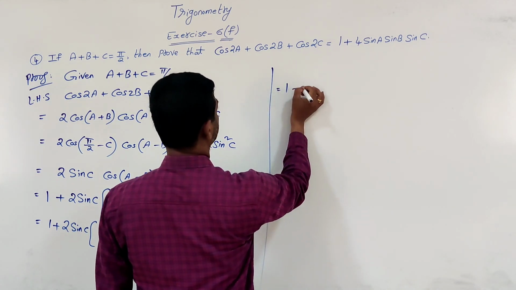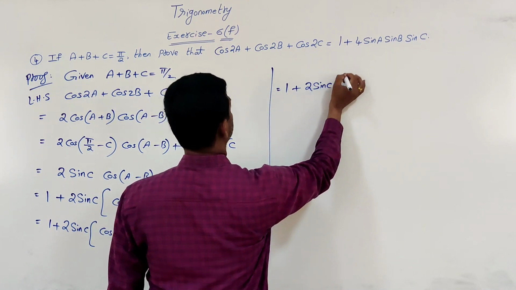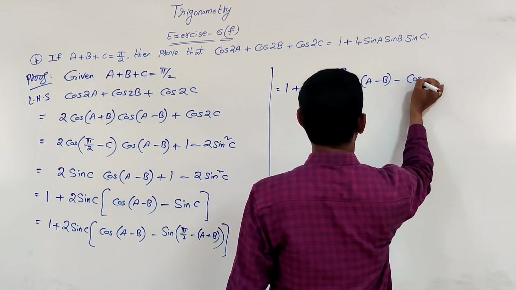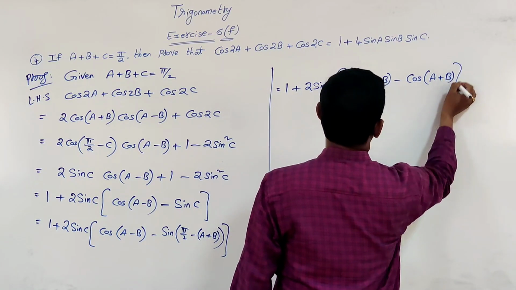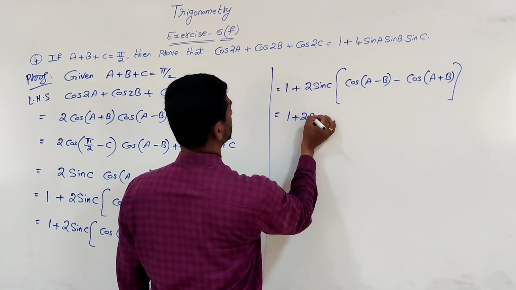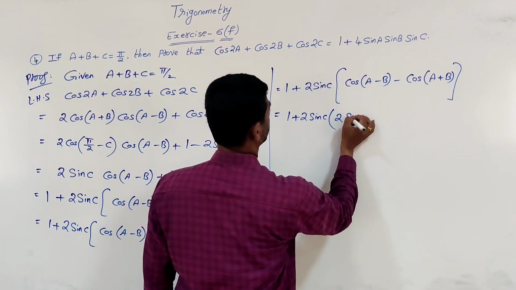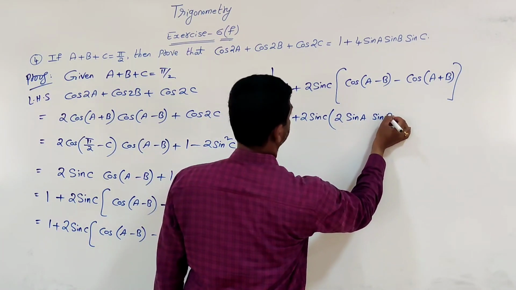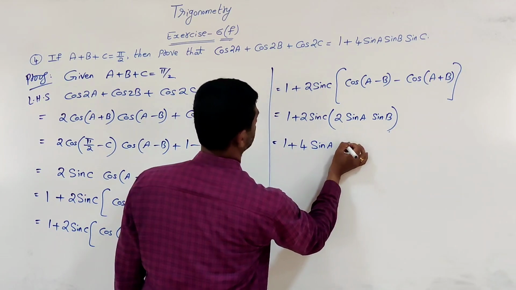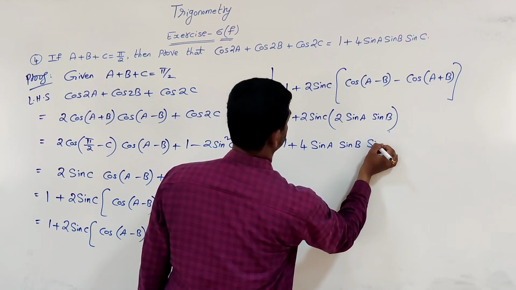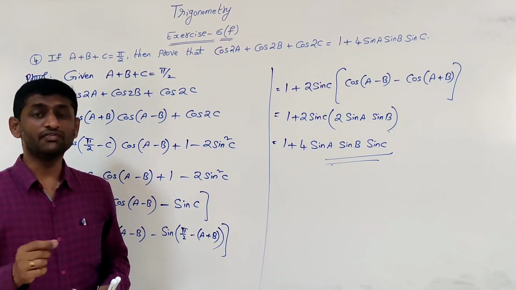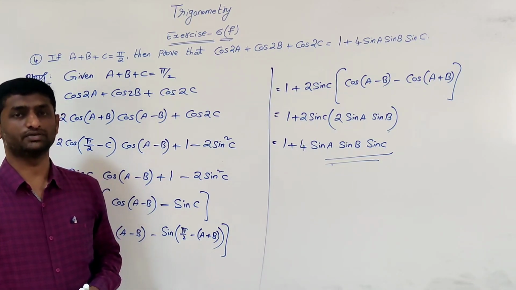So it will be 1 plus 2 sin C times cos of A minus B minus cos of A plus B. So again if you expand, that gives 2 sin A sin B. 1 plus 2 sin C times 2 sin A sin B. So 2 times 2 is 4, so it will be 1 plus 4 sin A sin B sin C. So that is the proof for cos 2A plus cos 2B plus cos 2C if the condition is A plus B plus C is equal to pi by 2. Next problem.